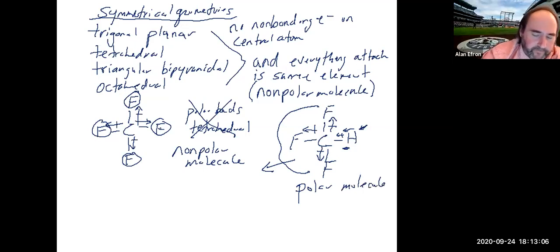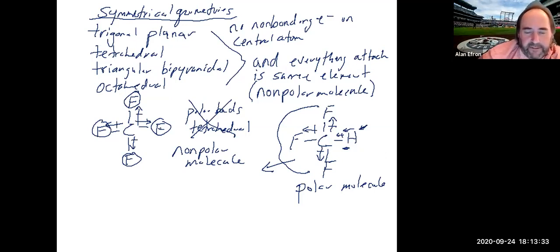So if you have no dots on the central atom, everybody attached is exactly the same, it will probably be a nonpolar molecule. But if you take one of those bonds out and switch it out to another element, it will most likely go from nonpolar to polar. Question on that?